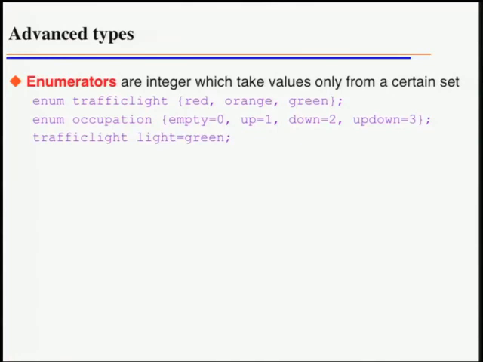Or this enumerator occupation, which can take any of these three values, which are named empty, up, down, or up-down. After declaring this type, you can just use it like any int or double. You say you want a variable called light of type traffic light, and it should be initialized to green, that value.